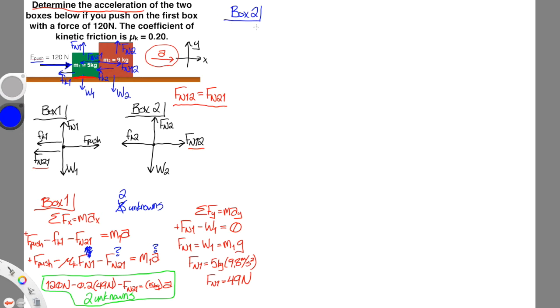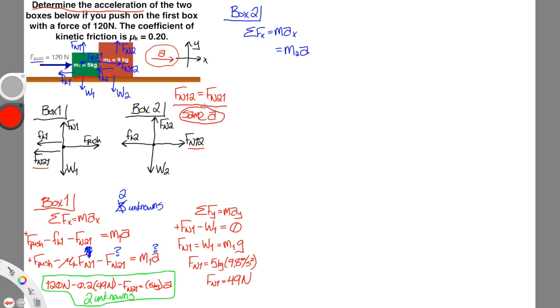So again, starting in the x direction, because the acceleration will be in the x direction, we do expect an acceleration, m2a, is what the right side of that equation becomes. As a quick note, we do expect the same acceleration for both boxes because they're connected together.